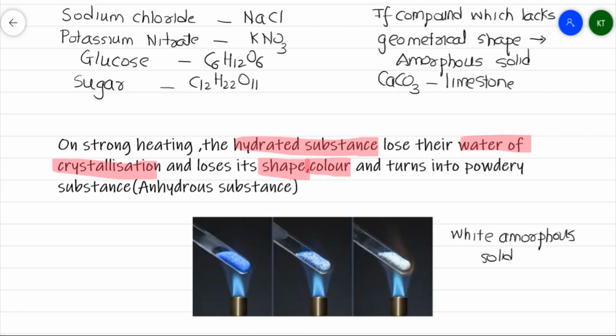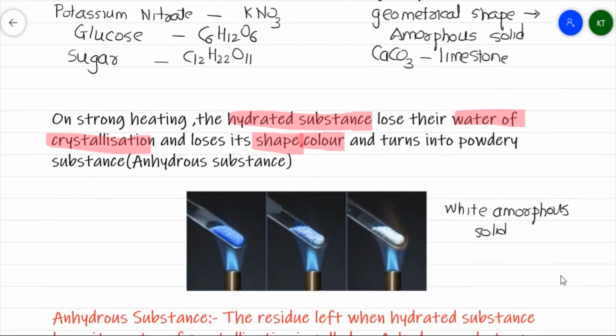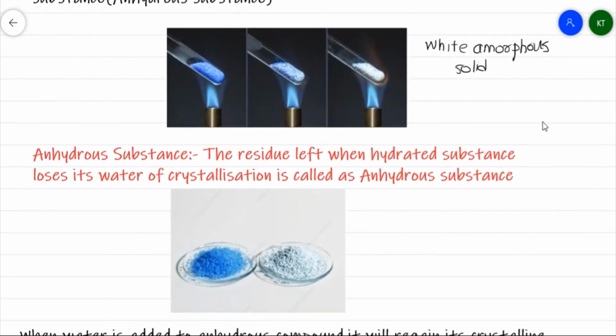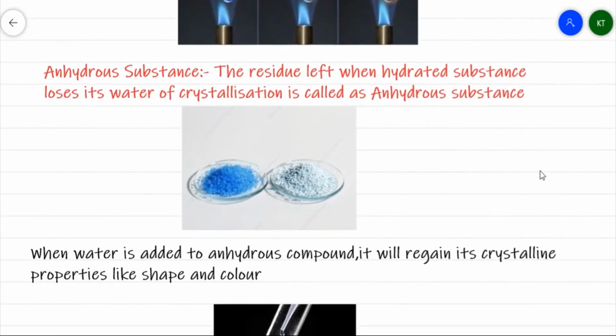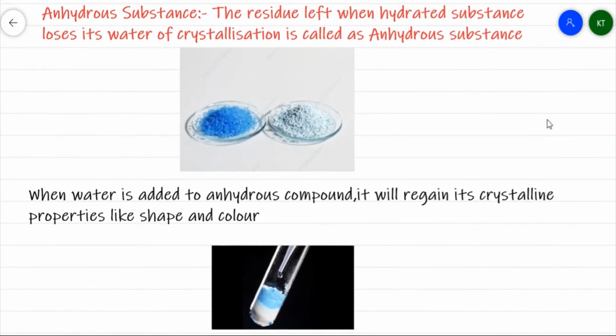This white amorphous solid we call an anhydrous solid or anhydrous substance because it has lost its water of crystallization. So we have another category of substance that's called an anhydrous substance.